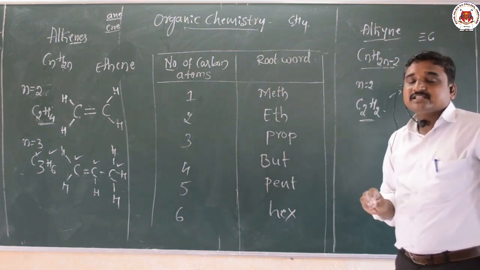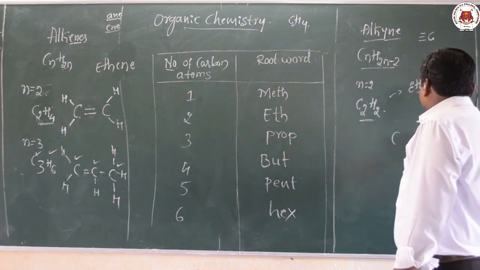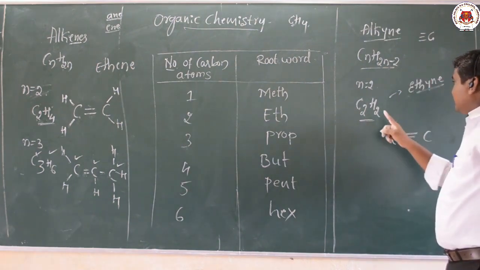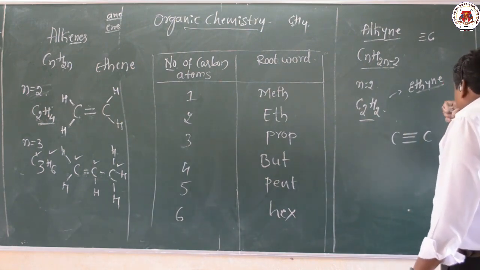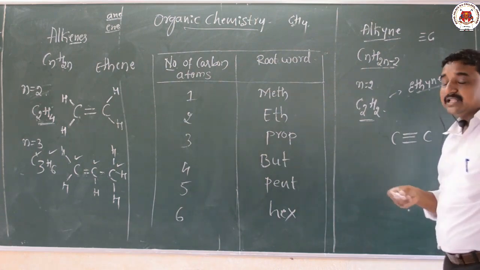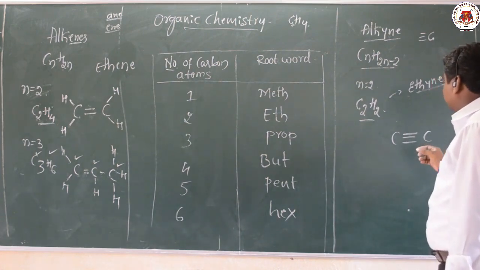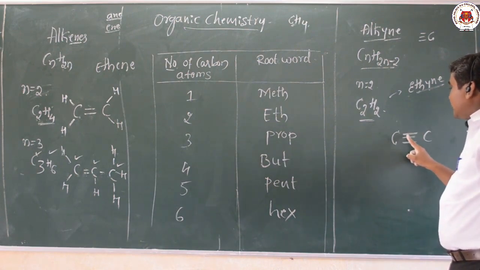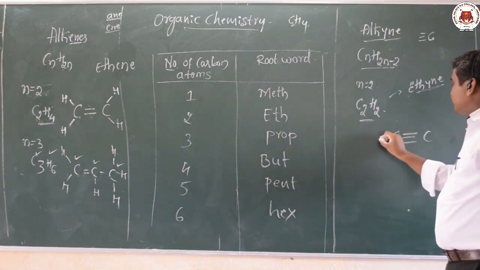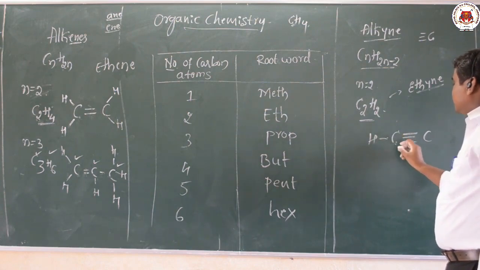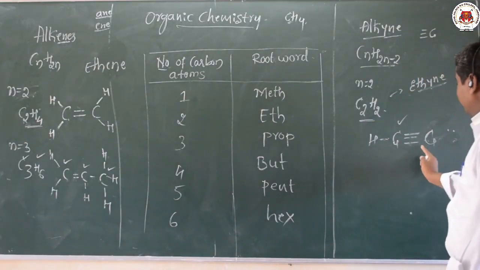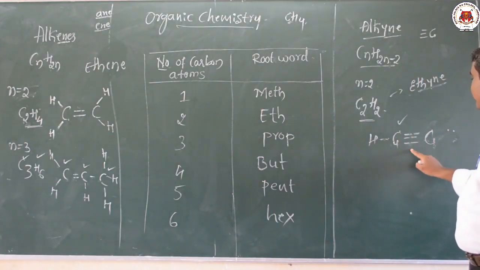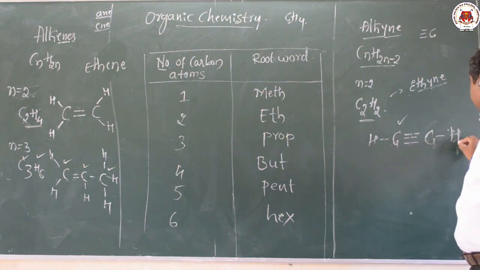Now I will write the structural formula. First I will write the triple bond, and after that write a suitable number of hydrogen atoms, so you have to satisfy the valency of the carbon atoms, that is the tetravalency of the carbon atoms. Now this carbon already has 3 bonds, so by writing one hydrogen, this carbon satisfied its tetravalency. And this carbon also has 3 bonds, so for this you have to write 1 hydrogen atom.